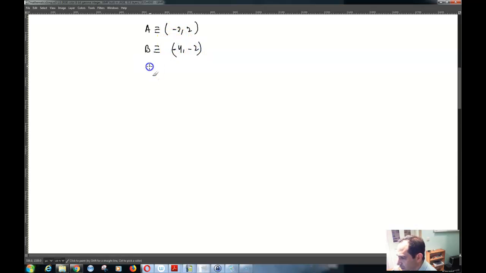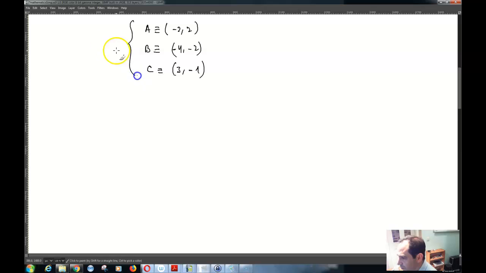So example number 6 is: 3 vertices of a parallelogram ABCD are given below. A is equal to negative 2 comma 2, and B is equal to negative 4 comma negative 2, and C is equal to 3 comma negative 1.